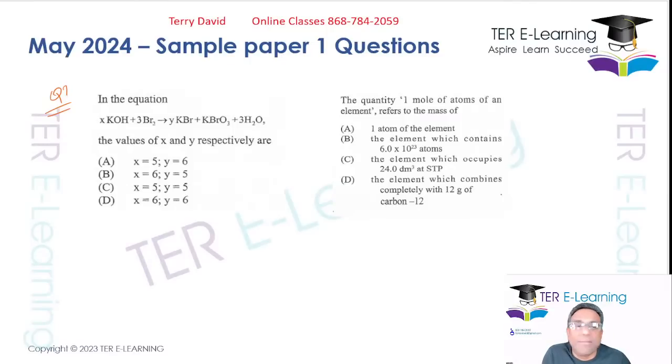All right, let's see what people have as the answer. A lot of people are saying B, some people saying D. So this is what we need to do here: we need to balance this chemical equation.